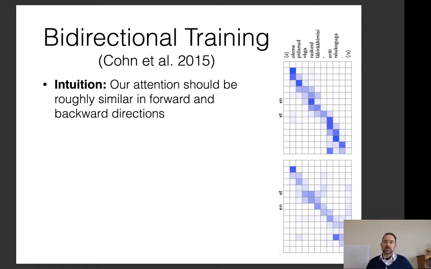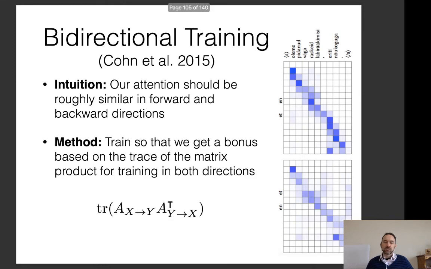So if you're translating a content word forward or backward, it should still be aligned to its counterpart in the other language. This method trains so that we get a bonus based on the trace of the matrix product, training in both directions. And the more these two overlap, the higher this trace value will be.